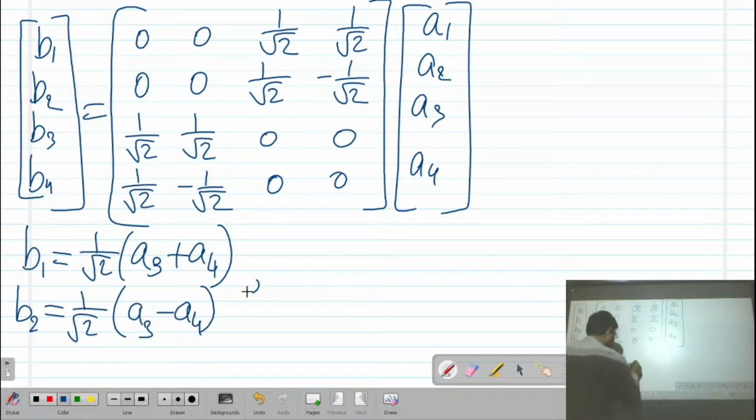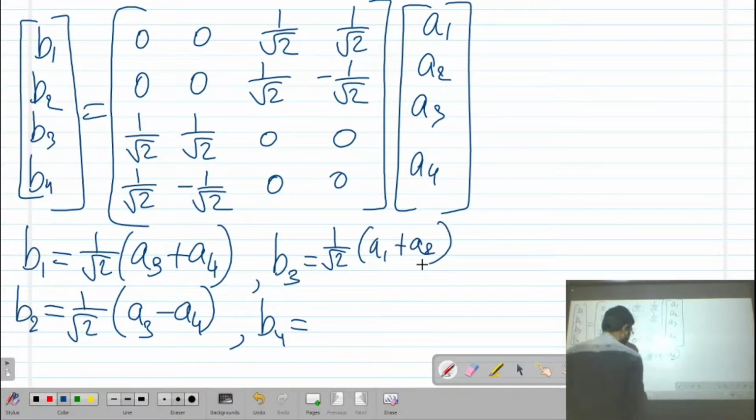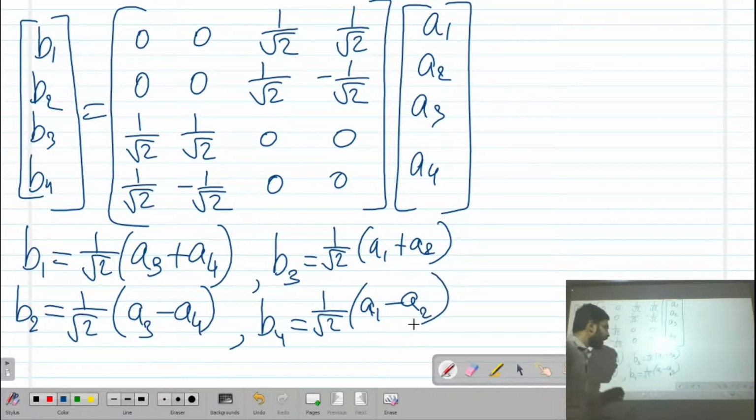Similarly, B3 is equal to 1 by root 2 into A1 plus A2, and B4 is equal to 1 by root 2 into A1 minus A2. Now, taking these values of B1, B2, B3, B4 and A1, A2, A3, A4, we will try to find out the values for different cases.